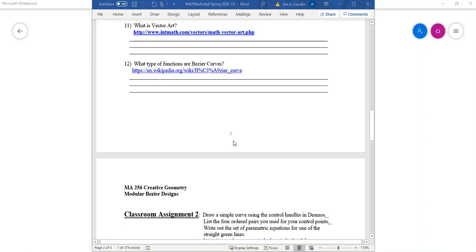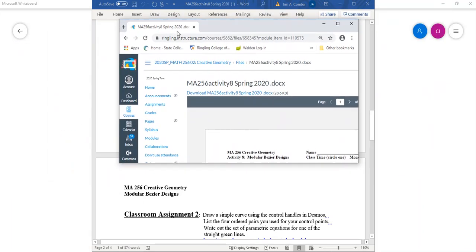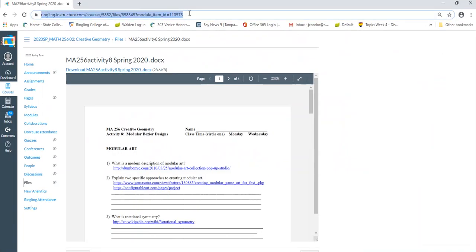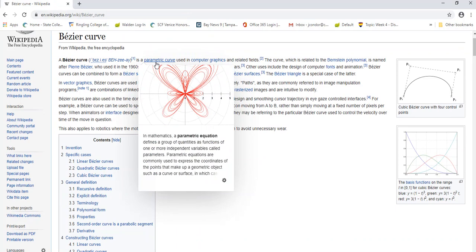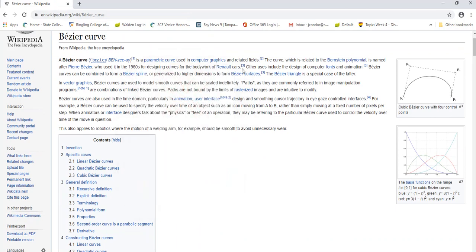And we said they're really important. And we find out that the Bezier curves are also parametric equations. It says the Bezier curve is a parametric curve used in computer graphics and related fields. And they relate back to these Bernstein polynomials.